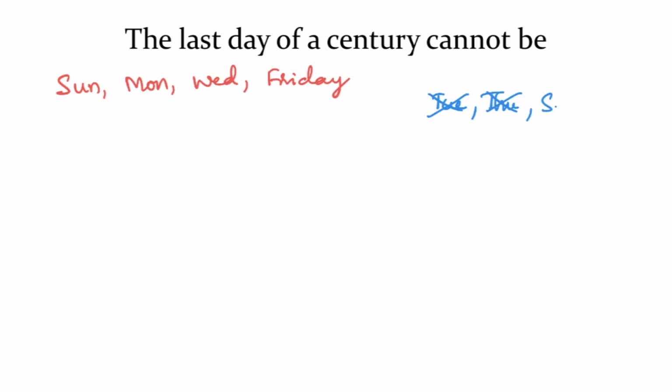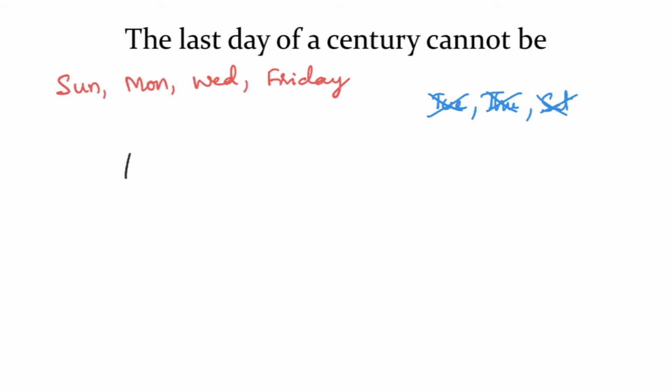The last day of a century cannot be... See, last day of century is always Sunday, Monday, Wednesday or Friday. So last day of century cannot be Tuesday. It cannot be Tuesday or Thursday or Saturday.